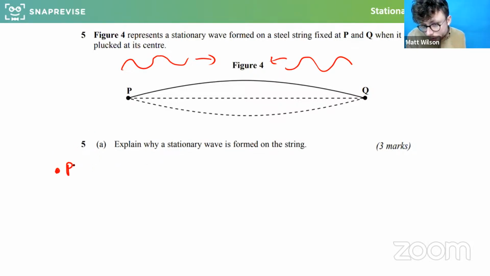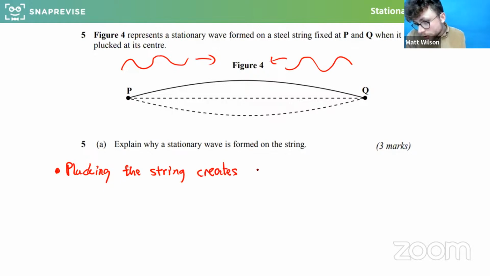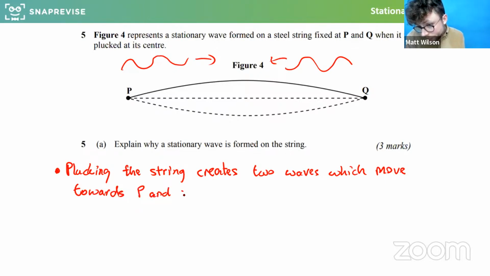Plucking the string. So this is the key first mark, after which everything else we've already said. Plucking the string creates 2 waves which move towards P and Q. Okay, so imagine we pluck this string in the center here.